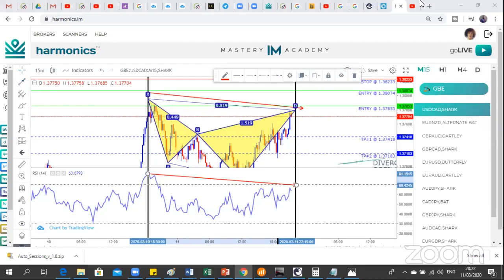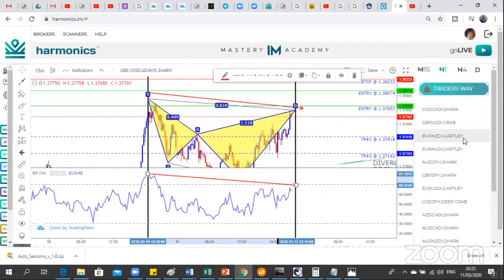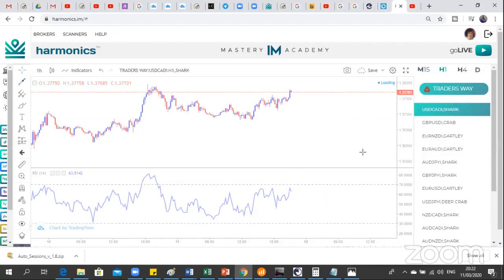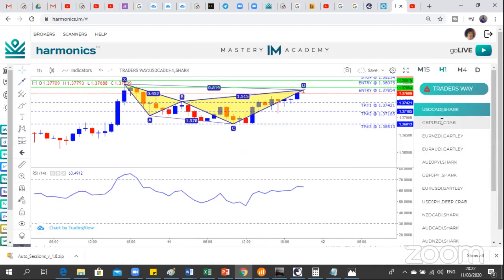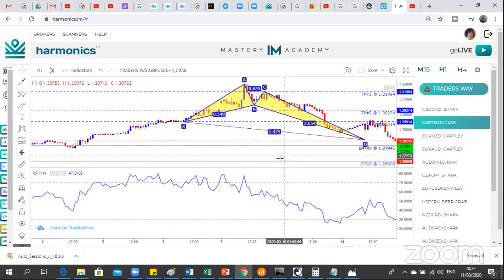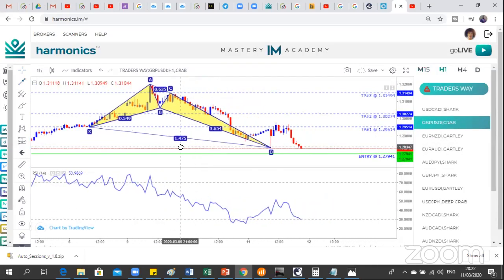Is there a divergence? No. Fantastic. You only want to trade when it's going in opposite directions. So let's go to this place.